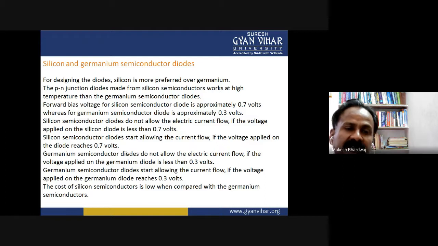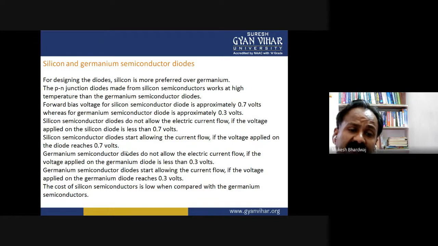A silicon-based semiconductor diode does not allow the electric current to flow if the external voltage applied to the silicon diode is less than 0.7 volt. Silicon semiconductor diodes start allowing the current flow if the voltage applied on the diode reaches 0.7 volt.